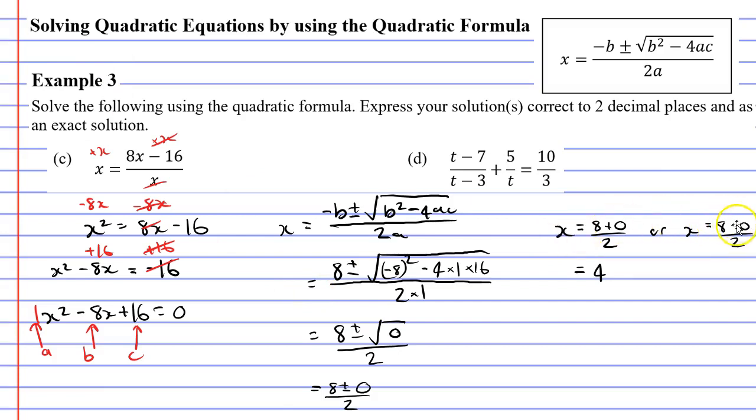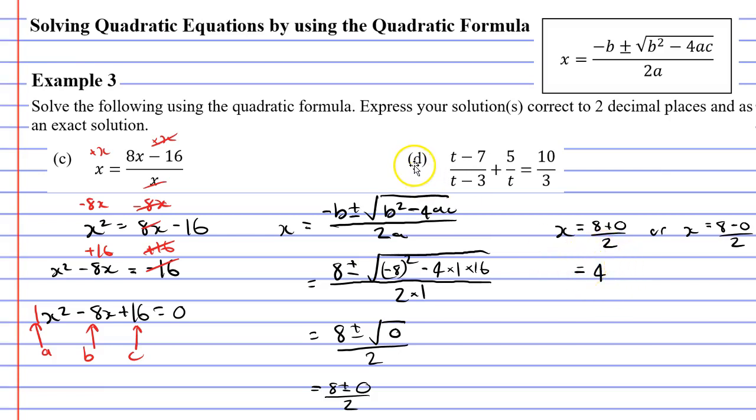And 8 minus 0 is 8, divide 2, which is 4 as well. This is one of those situations where instead of two solutions, we get one solution. And this will always happen when the number under the square root sign is 0. Now we were supposed to express our solution correct to 2 decimal places and as an exact solution. Our solution is actually better than that. We've got a nice whole number 4.